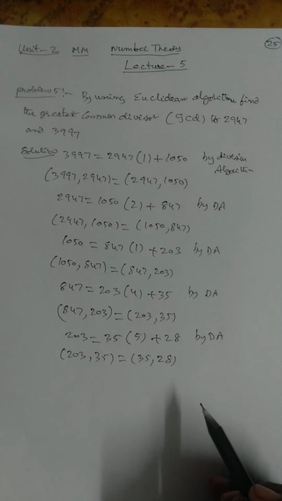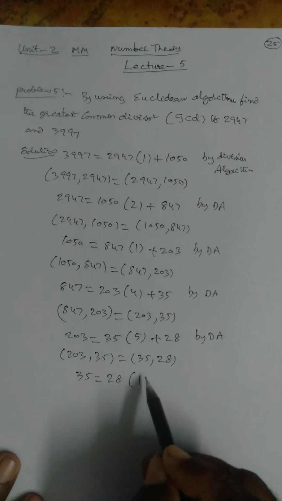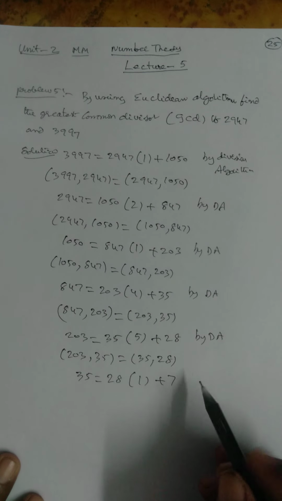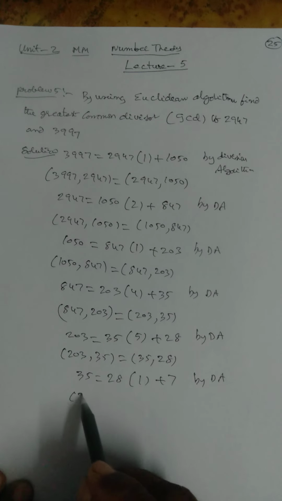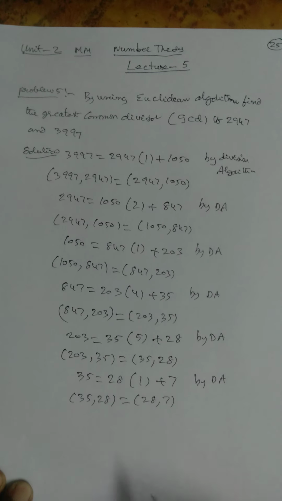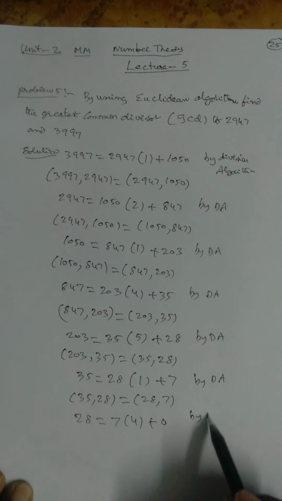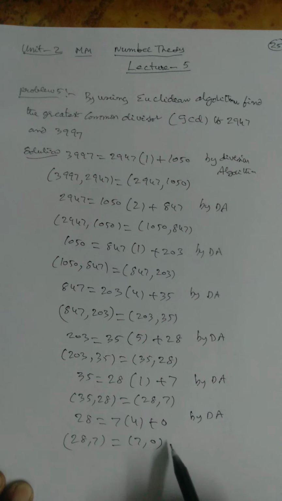Now again apply the division algorithm. 35 is equal to 28 into how many times? Only one time plus remainder 7. So GCD of 35 comma 28 is nothing but 28 comma 7. Again you write 28 is equal to 7 into 4 times plus 0 by division algorithm. So 28 comma 7 GCD is nothing but 7 comma 0. 7 comma 0 is nothing but 7.